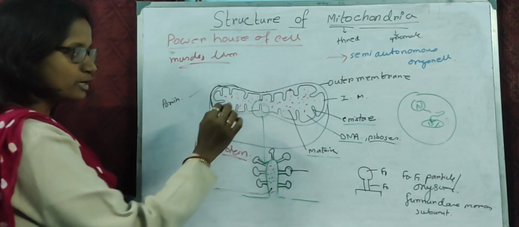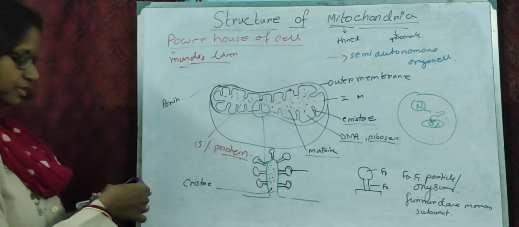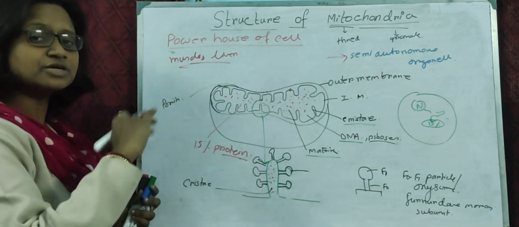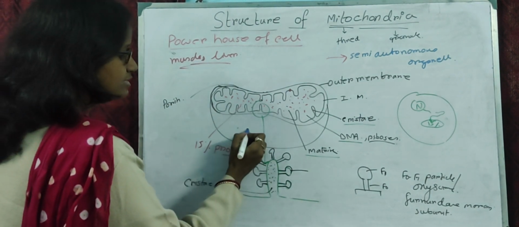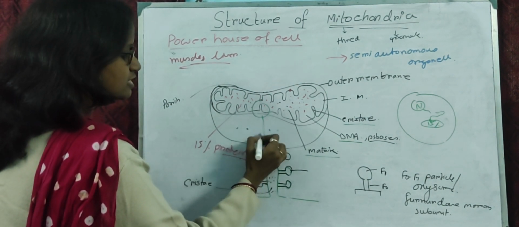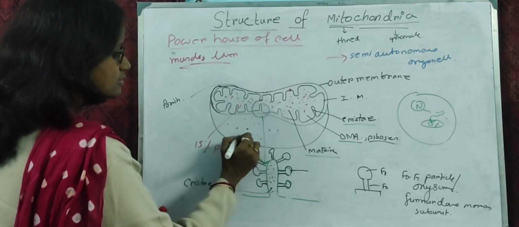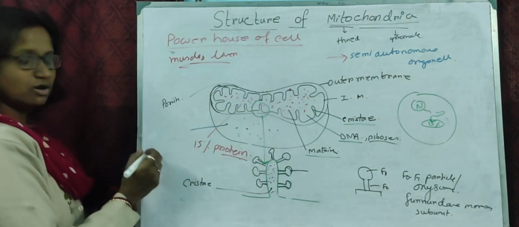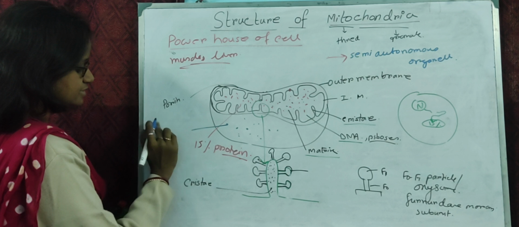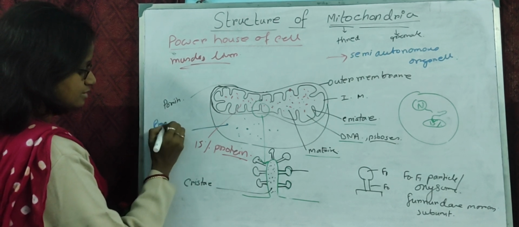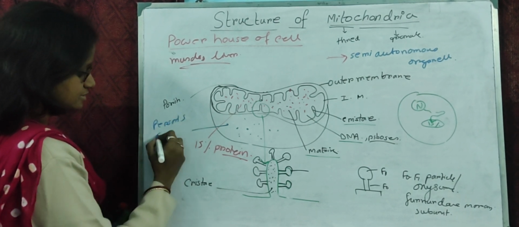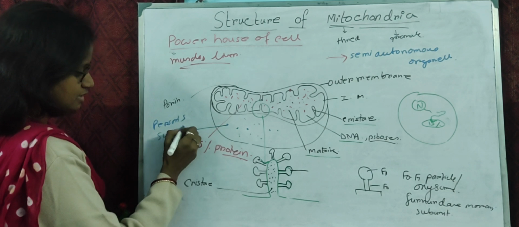The outer membrane has porin proteins, and there is another structure at the surface of the outer membrane. These are called Parsons subunits.